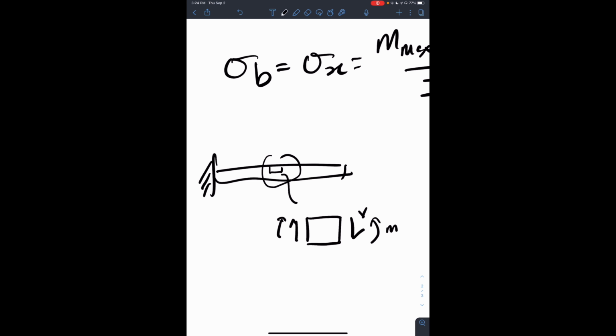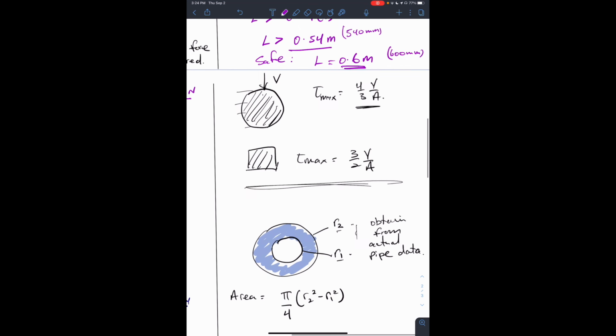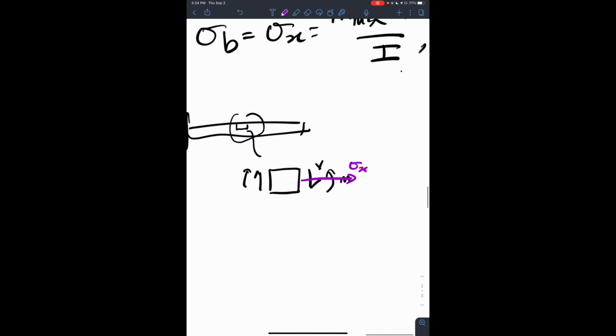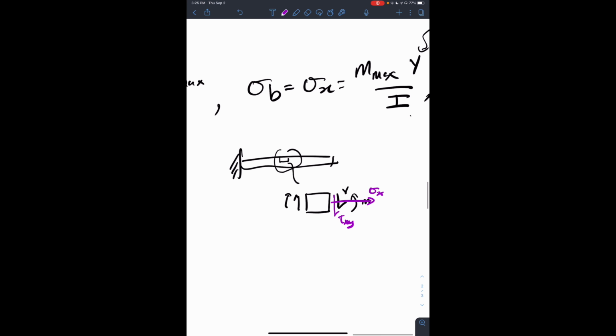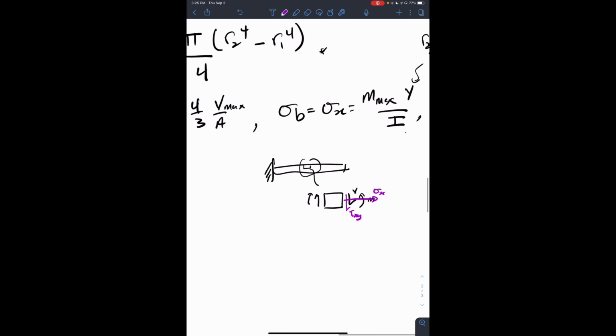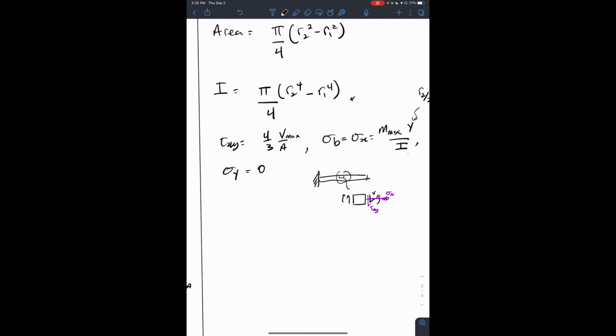So there is no stress in the y direction. We have our bending stress, our sigma x, which we say acts in this direction. And we have our tau xy stress. But there's no sigma y. So therefore we could say now that sigma y is 0. So we have tau xy, sigma x, sigma y.